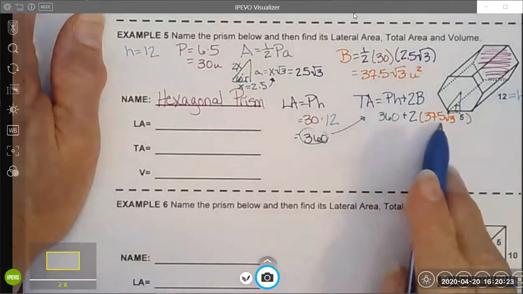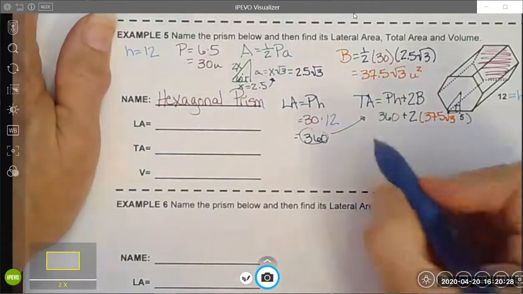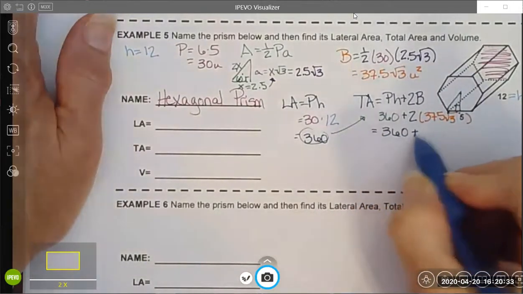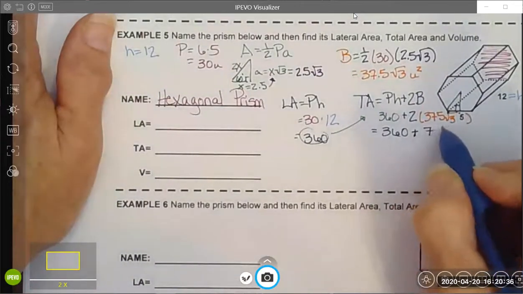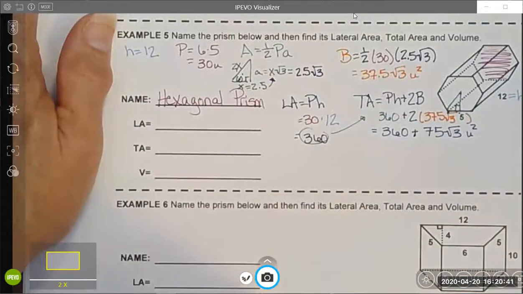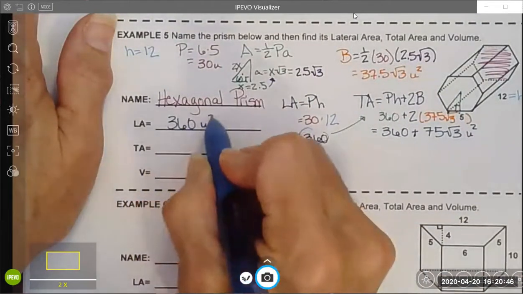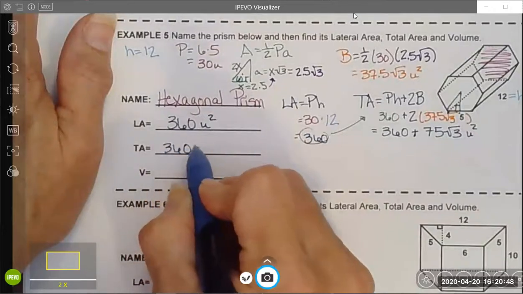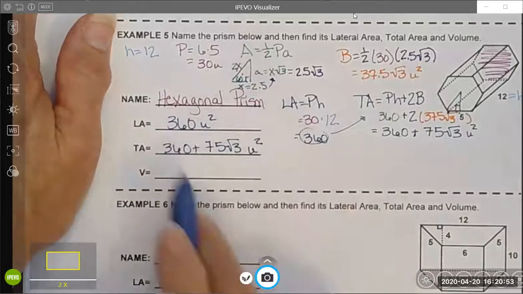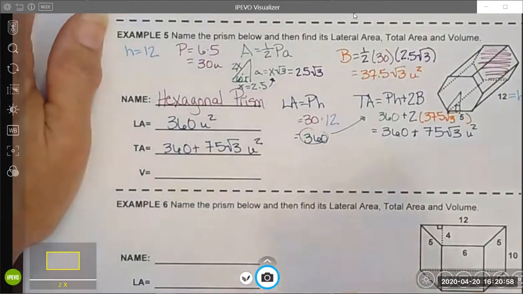I can simplify 2 times 37.5 square root 3, but again, these are not like terms and will not combine. So I end up with 360 plus 75 square root 3 units squared as my total surface area. I forgot to write this over here. 360 units squared, 360 plus 75 square root 3 units squared. The order that you write these two terms in does not matter. Addition is associative and commutative.